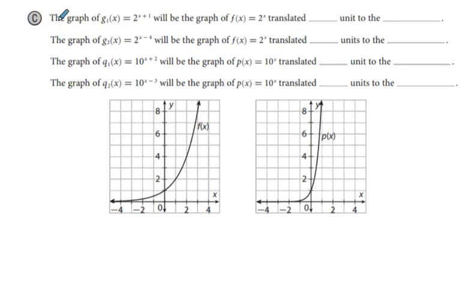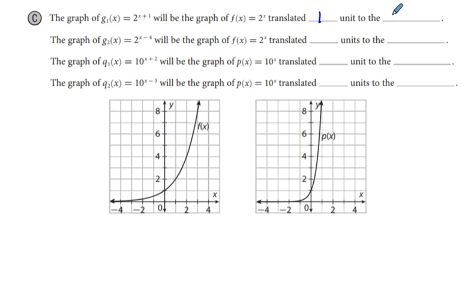Now for C here, we have this g of x equals 2 to the power of x plus 1. This will be the graph of f of x equals 2 to the power of x translated 1 unit to the, now which way is it going to translate? X plus moves to the left and x minus to the right. So it's x plus.